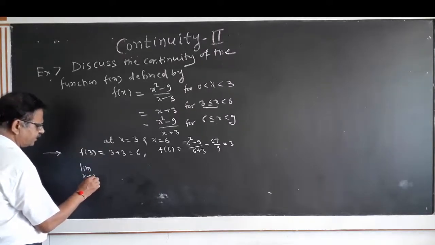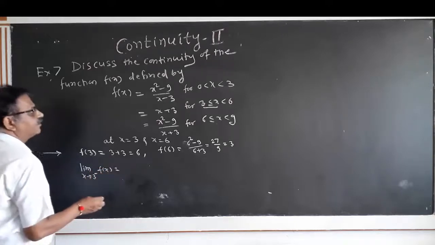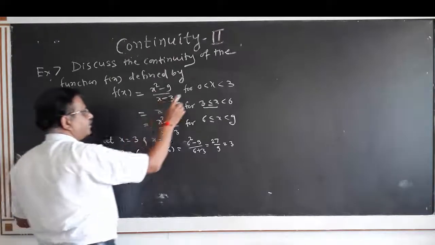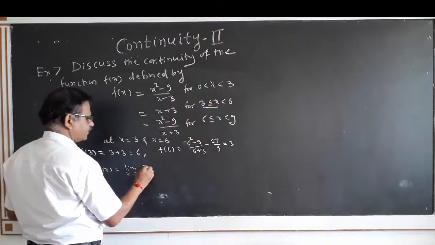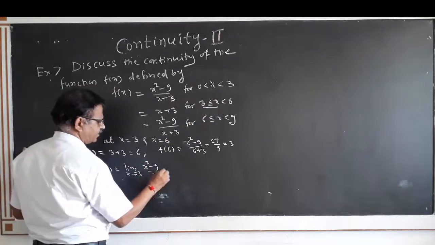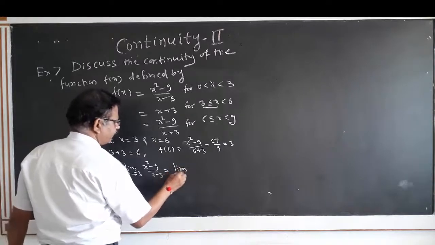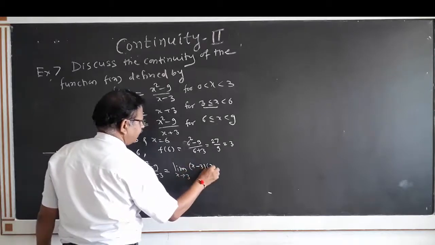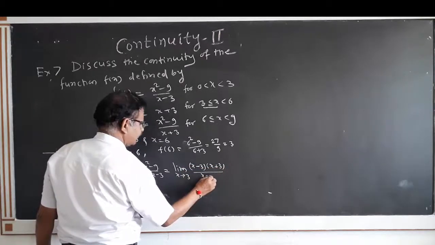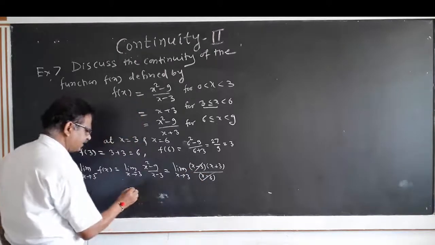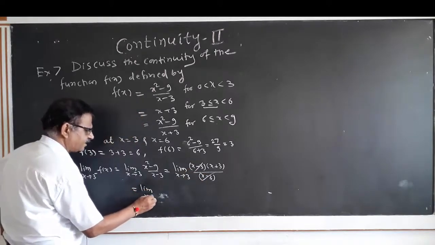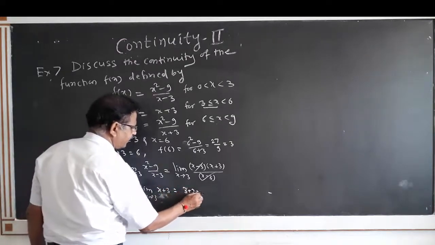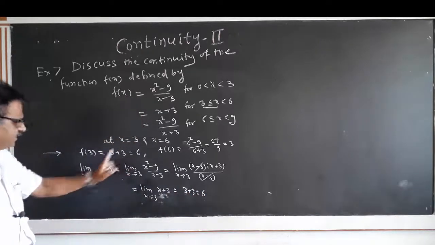Limit x tends to 3 minus of f(x) equals limit x tends to 3, x is approaching 3 from the left-hand side, means x is less than 3, of x square minus 9 divided by x minus 3, equals limit x tends to 3 of x minus 3 into x plus 3 divided by x minus 3. x minus 3, x minus 3 get cancelled, and it remains limit x tends to 3 of x plus 3 equals 3 plus 3 equals 6. The left-hand limit is equal to f of 3.